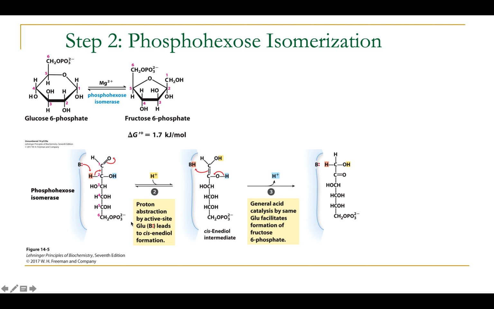The critical function of the enzyme relies on a glutamate residue, which performs a nucleophilic attack on the hydrogen atom in the second position and converts the substrate to a highly unstable cis-enediol intermediate. The cis-enediol intermediate then collapses to a final product, fructose 6-phosphate.